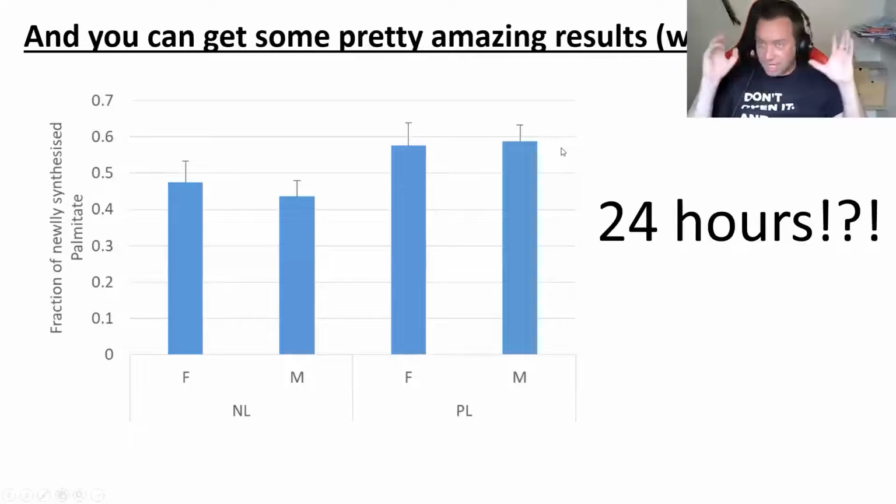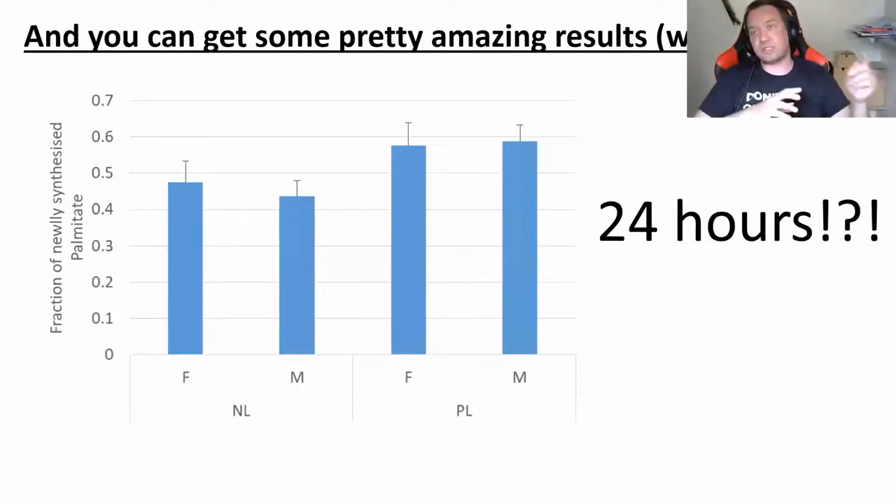I assumed I had done this wrong, so I went trawling through the literature, and I found a study from 1950 that had done this with radiation, and they report a half-life for palmitate in the livers of mice of about 24 hours, which fits pretty well with an average biosynthetic rate of 50% in 24 hours.